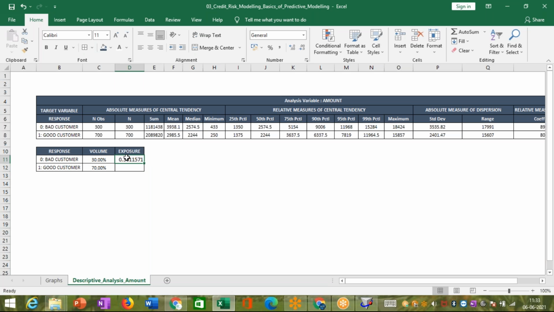It shows that 36% of the exposure is there with the bad borrowers, and nearly 63% of the exposure is there for the good borrowers. 63-64%. So basically one thing we can see is 30% of the accounts having 36% of the exposure, and 70% of the base having the remaining 64% of the exposure.